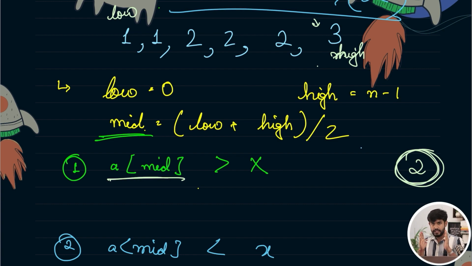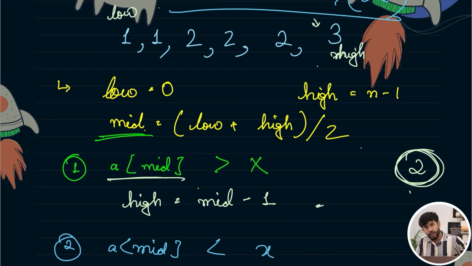If we want to find the first occurrence of x and we are pointing to 3, then this just means that low and high should be on this side, the answer should be on this side, not on that side. So I can say low would remain the same, but high would become mid minus 1, because we want to find the first occurrence. So we know that the answer would exist in the left half.